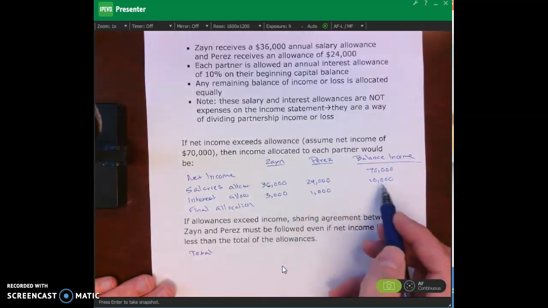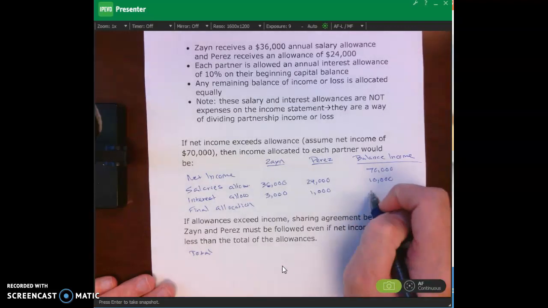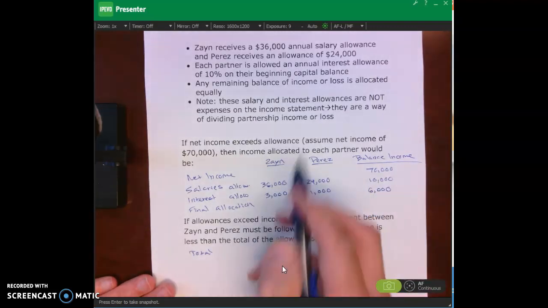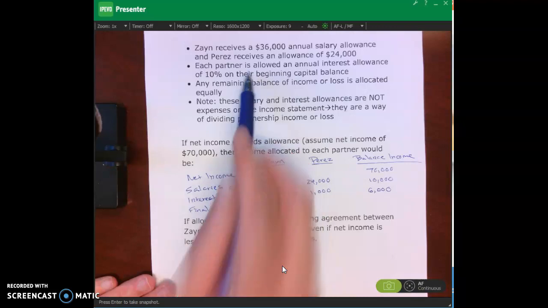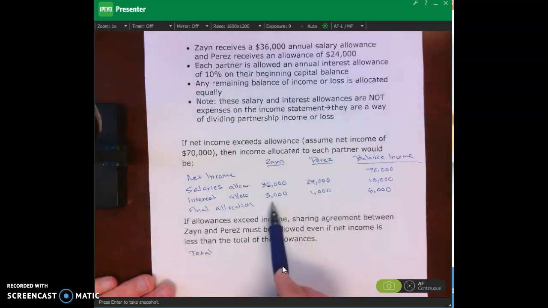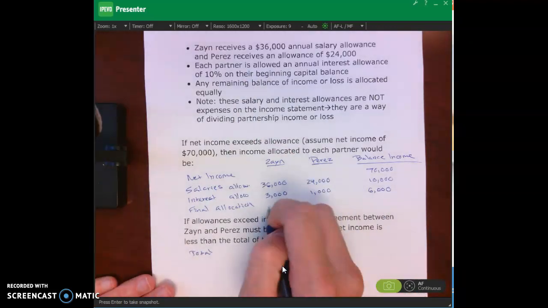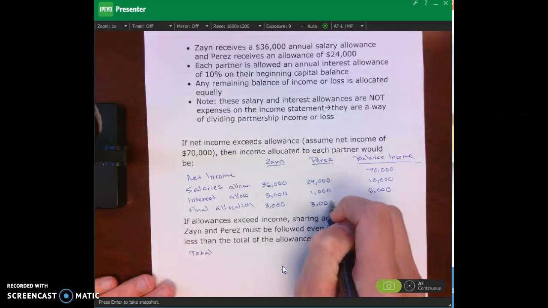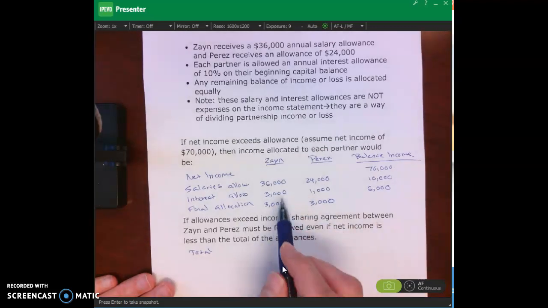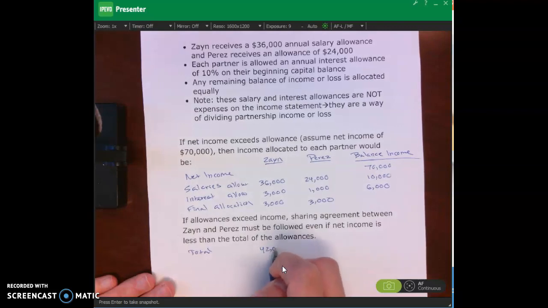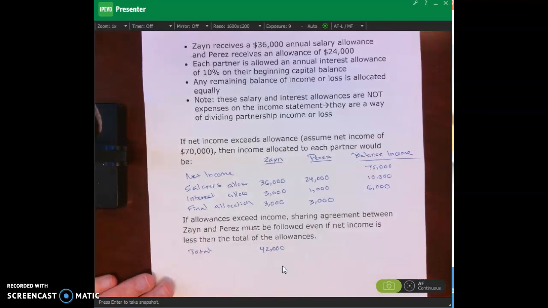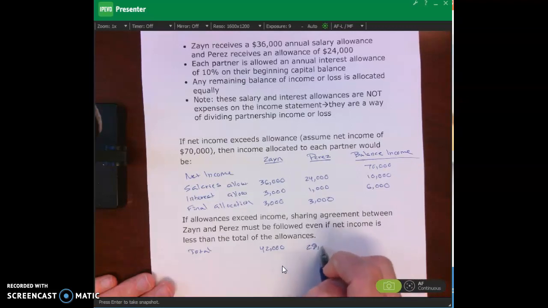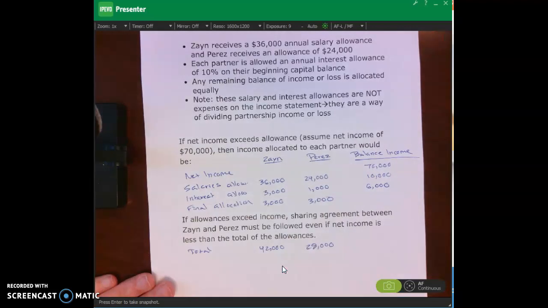That's $4,000, and subtracted from the 10 gives us $6,000 left over. Any remaining is split equally, so it's 50-50. That means $3,000 here and $3,000 here. Now I can add up the 36 plus the 3 plus the 3, which gives $42,000 of the 70 going to Kayla, and then $28,000 of the 70 goes to Hector.